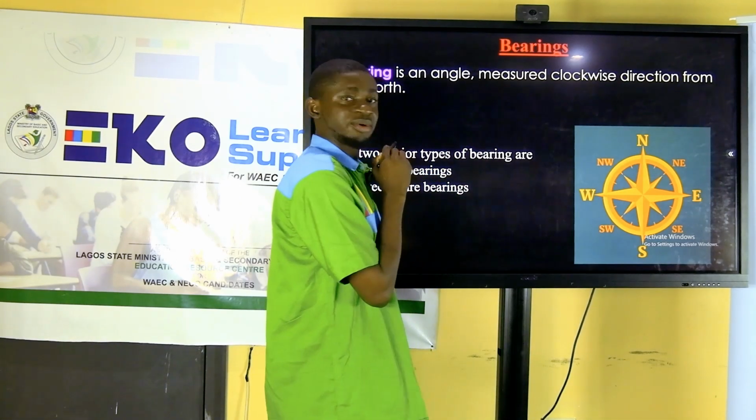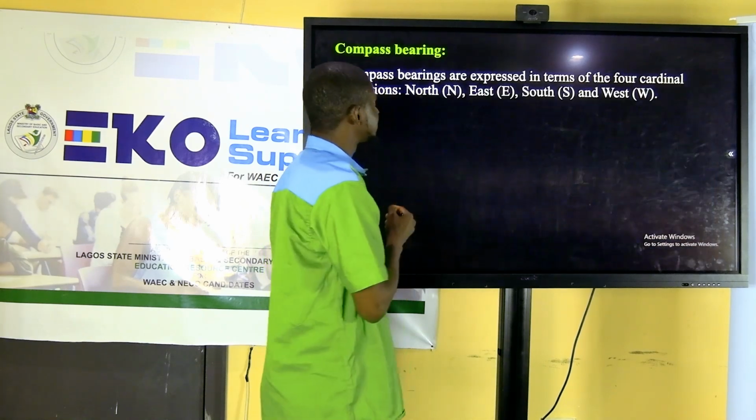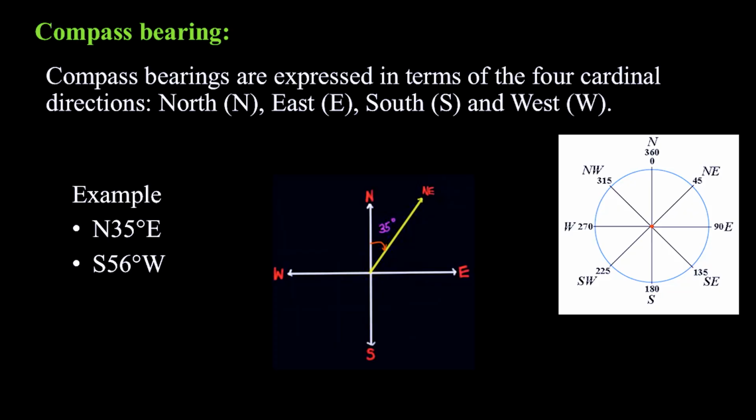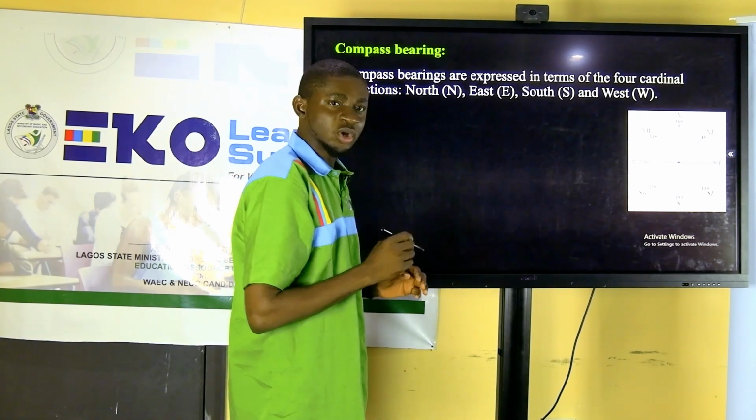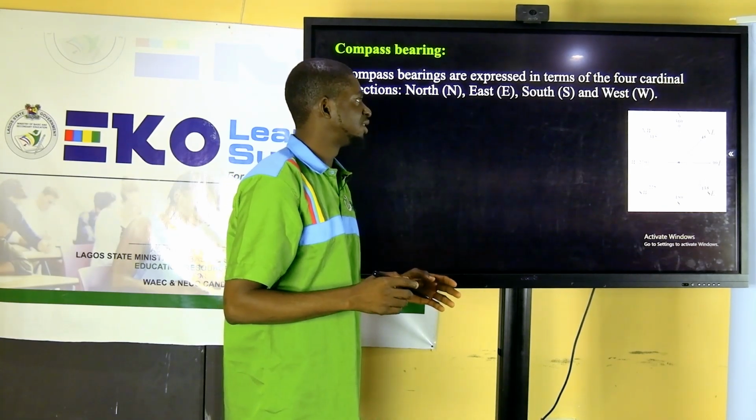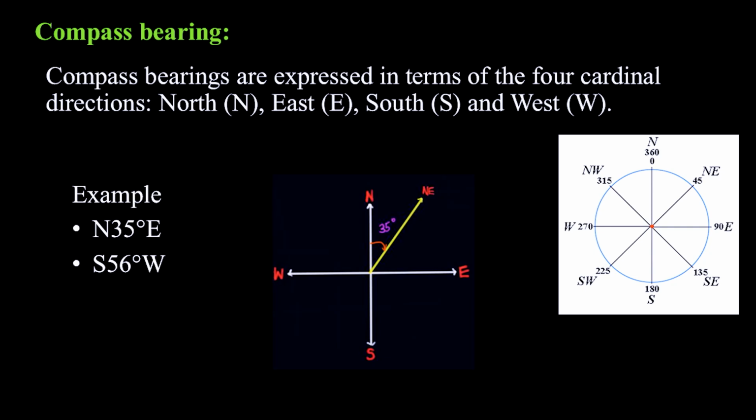For the compass bearing, let's look at it. Compass bearings are expressed in terms of the four cardinal directions: the north, the east, the south, and the west. So because it's compass bearing, if we are reading from the north to the east, it is called northeast. If it falls between the south and east, it's called southeast.